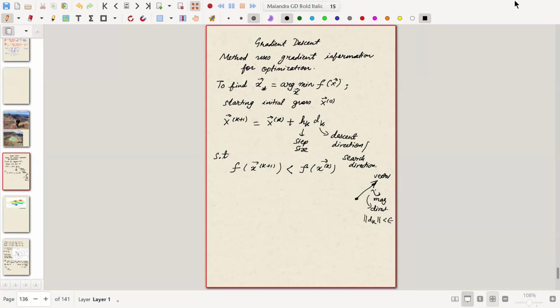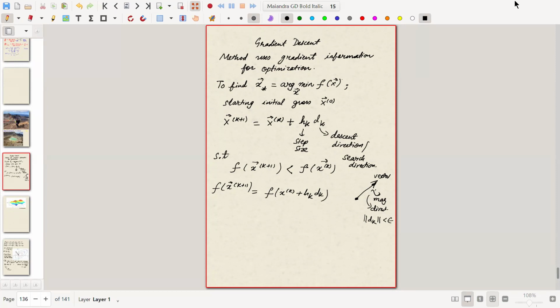So to select a good d, we first of all expand f of xk plus 1. How can we expand this in Taylor series? Xk plus 1 is xk plus hk dk. You should get an intuition that this is of the form f of x plus h. Then you know it is f of x plus h f prime of x plus h square by 2 f double prime of x, and so on.